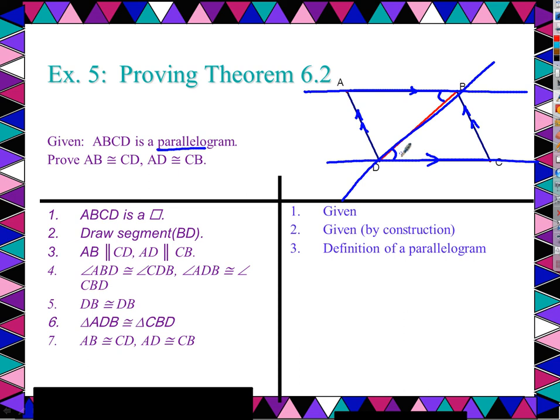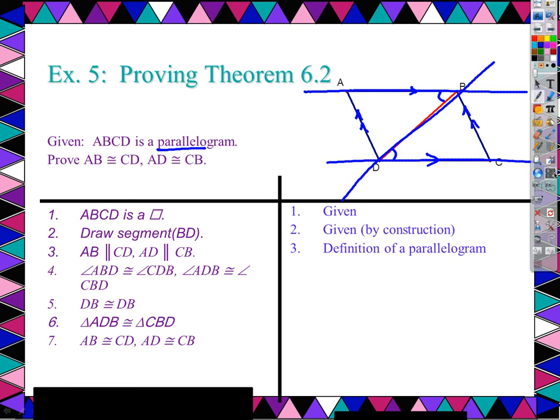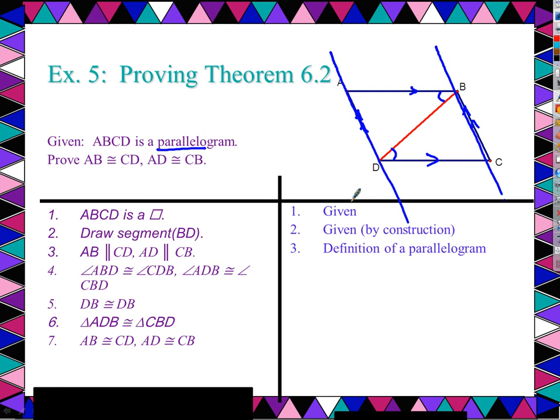Make sense? Okay, and by the same token, I could do the same thing. Go back a little bit. If I extend these sides and make this the transversal, then doesn't that mean that now these are the alternate interior angles? These guys in here, right? DBC and ADB, these other angles there and there.